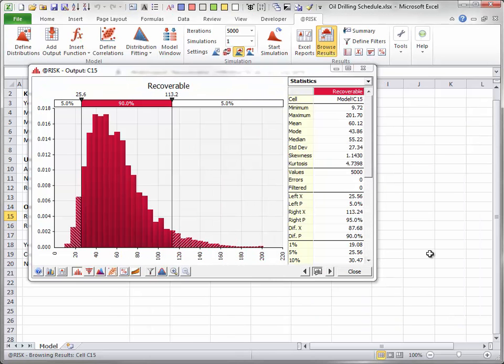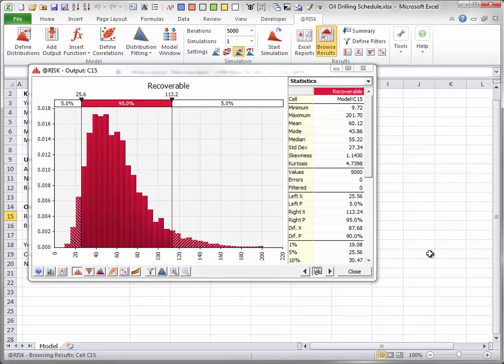Here is the distribution of the recoverable amount. You might remember from the central limit theorem that sums tend to be normally distributed. An implication of this is that products tend to have a log normal distribution, and the recoverable amount is indeed a product.